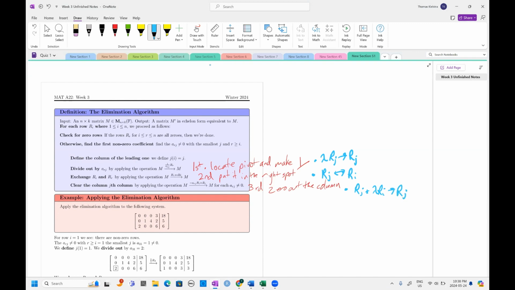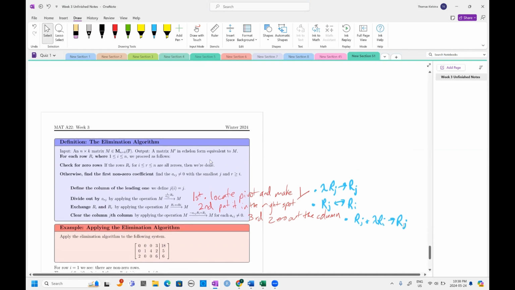So each of these steps in this process that we're going to go through again and again only uses one elementary row operation. When we make an entry 1, that's using multiplication. When we put in the right spot, we're using our swap. And when we 0 the column, we're using our addition of a scalar multiple of another row.